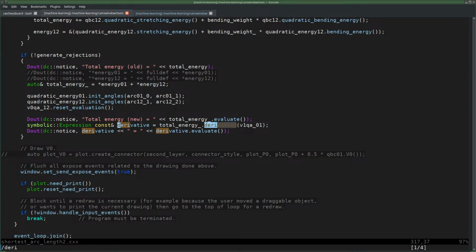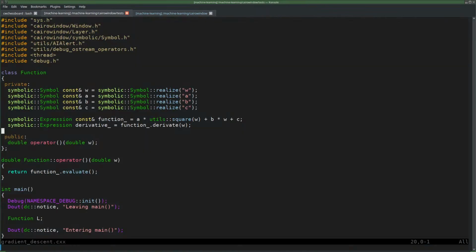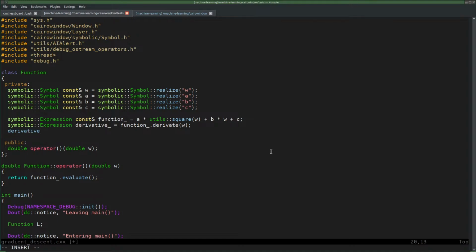Derivative. Derivate. I mean, I want to type derivative. I type derivate and I don't see that I type it wrong. That's sickening.